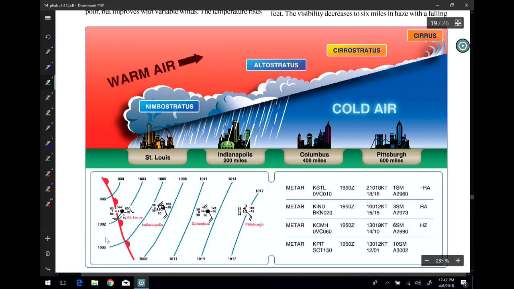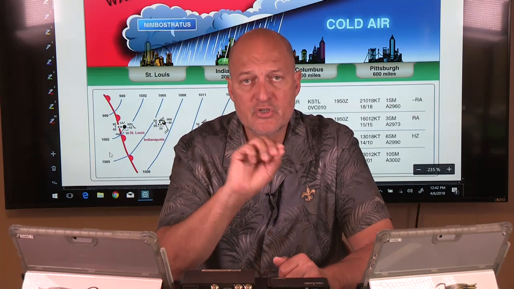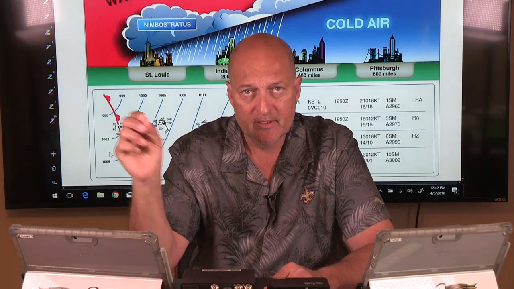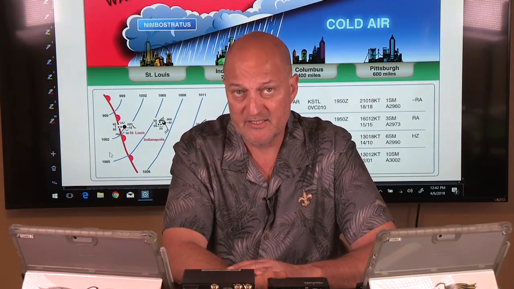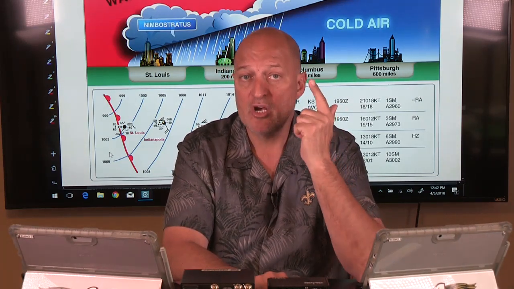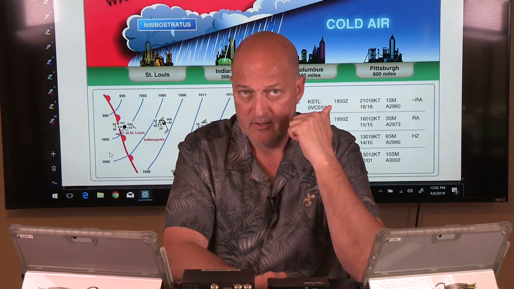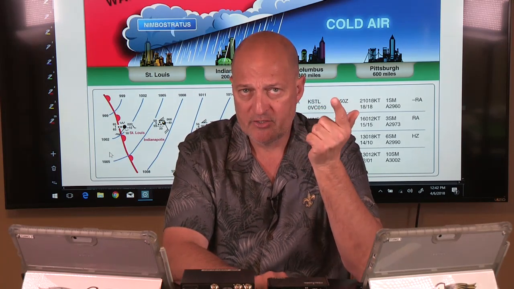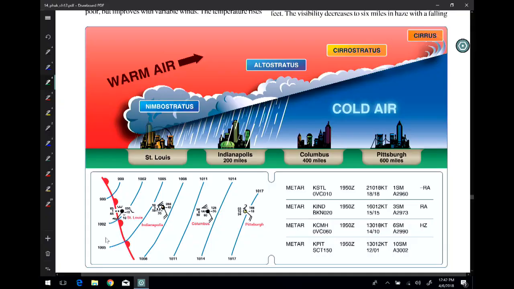The two things that will always happen during a frontal passage that separates the boundaries of fronts are a change of temperature and a change of wind direction. Change of temperature, change of wind direction. Got it? That is what you're seeing here as this front begins to move through. These METARs here, we've introduced those, but we don't talk about that until the next chapter.